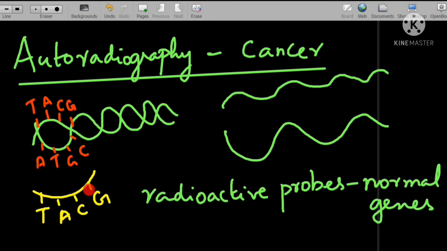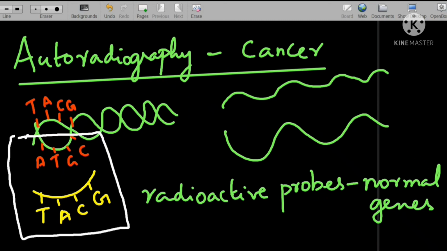If the patient is not suffering from cancer, these radioactive probes will get attached to the DNA strands. And this can be visualized on X-ray film, because they are radioactive probes.